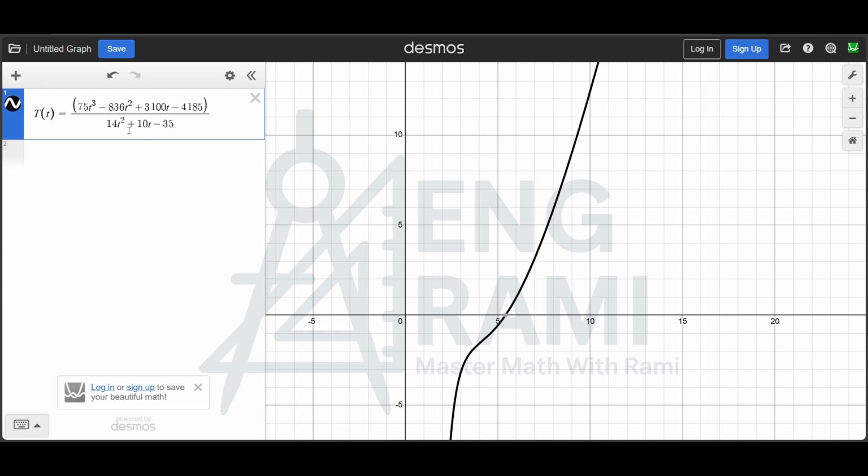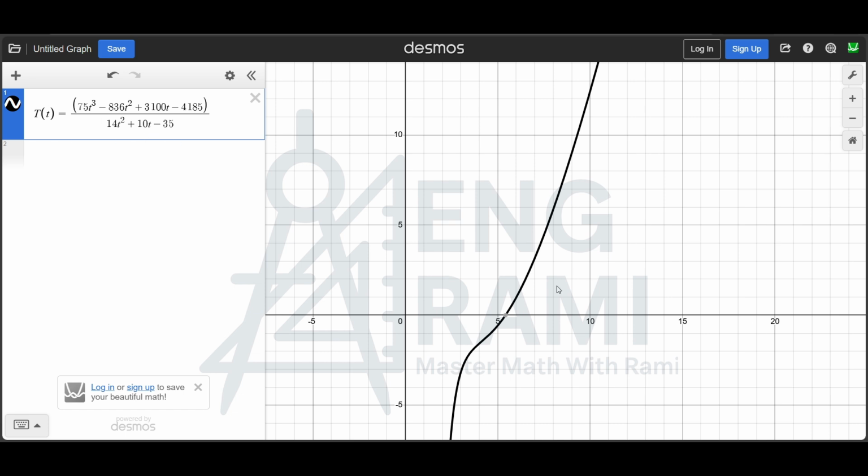Make sure that you are writing it correctly: 75t to the power 3, negative 836t to the power 2, plus 3100t, negative 4185 divided by 14t to the power 2, plus 10t, negative 35.